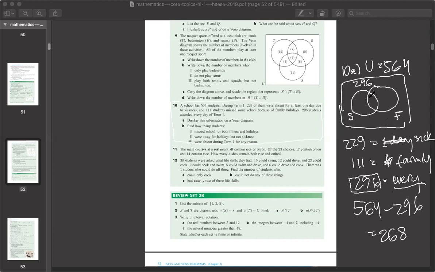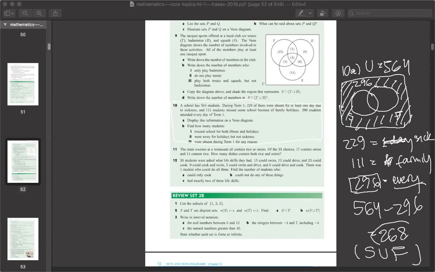So you can say that the complement of 296 is 268, or S union F, the opposite of this part right here.